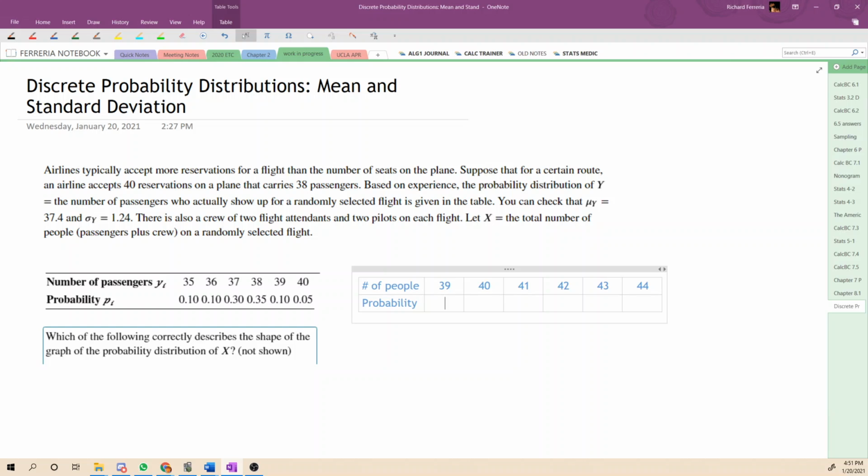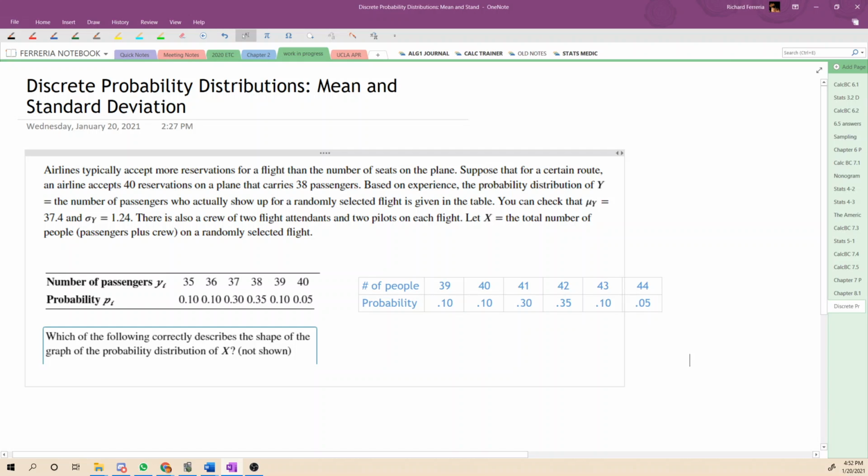Now for the probabilities, the only thing that really is a probabilistic outcome is the number of passengers on the flight. So if 35 passengers leads us to 39 people on the flight, then the probability for 39 is the same as the probability for 35 passengers, which is 0.1. Same thing for 40 people on the flight, that's going to have a probability of 0.1, and all the way down the table.